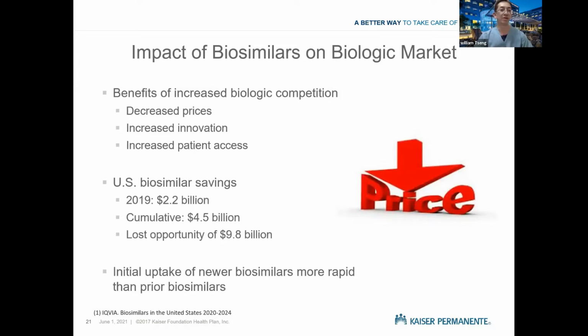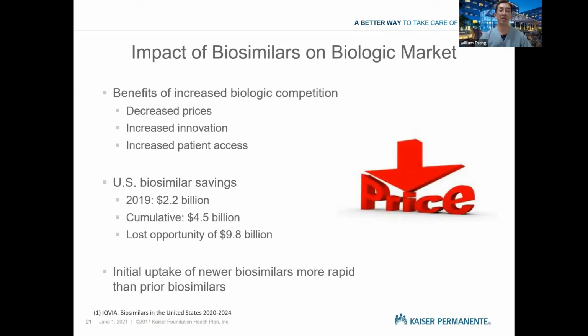The savings alone in 2019 is 2.2 billion, which is about what we get from the tobacco tax. Imagine that going back into healthcare, and a cumulative 4.5 billion since the initiation of this. But we also have a lost opportunity of 9.8 billion. So there's a lot of savings that we can make for our patients and our society.